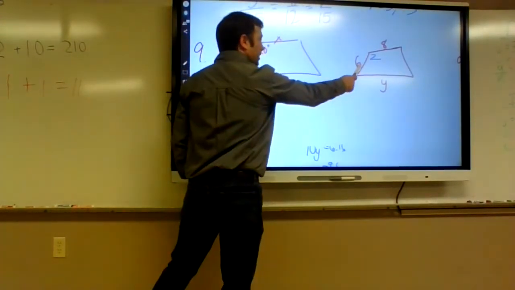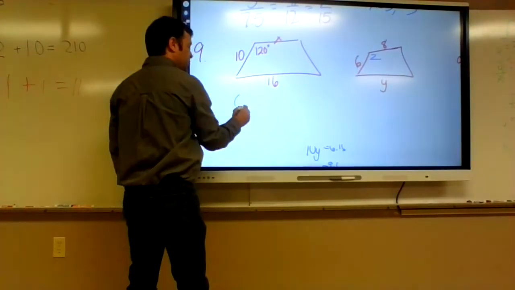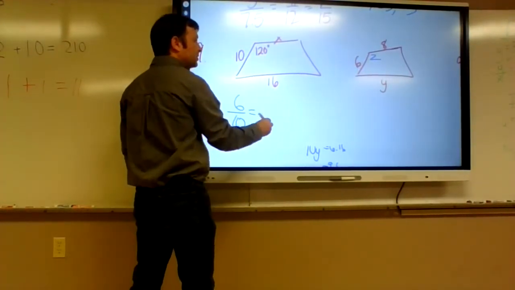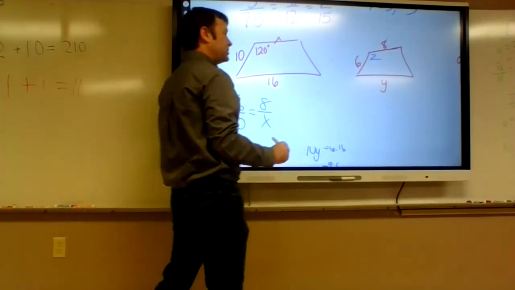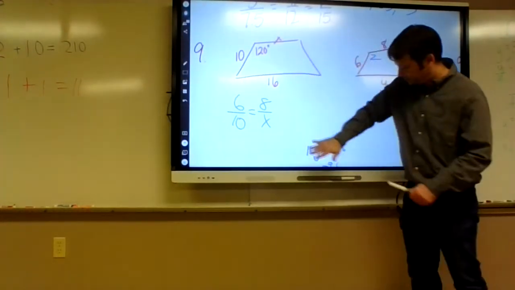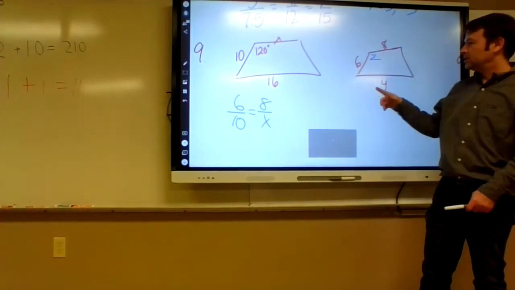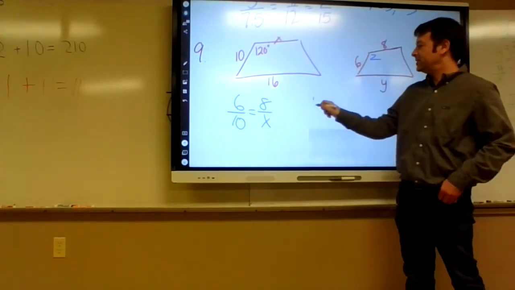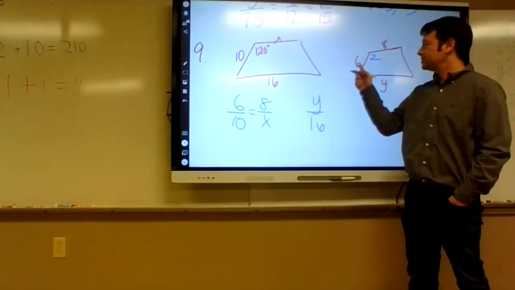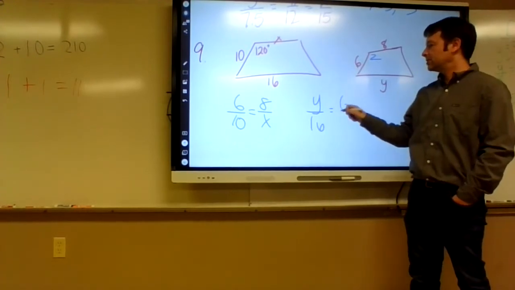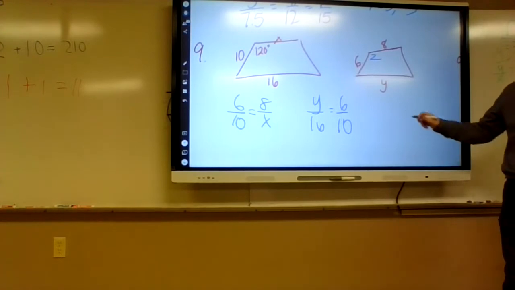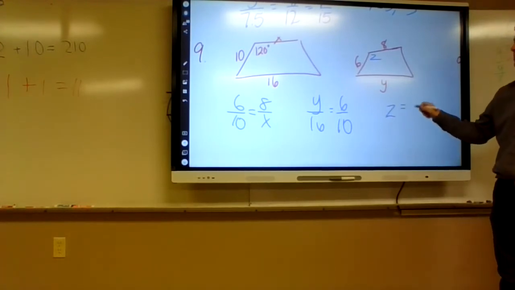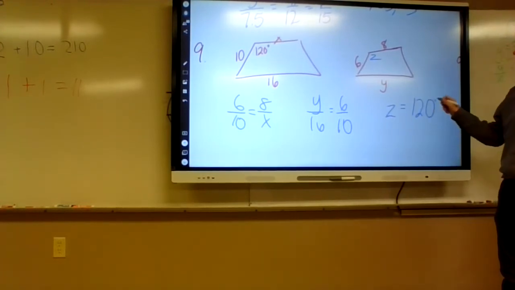Okay, there's a lot of ways you can start, but 6 is to 10 as 8 is to x. How do I set up for y? Y is to 16 as 6 is to 10. And how do I do z? Z is 120. My bad.